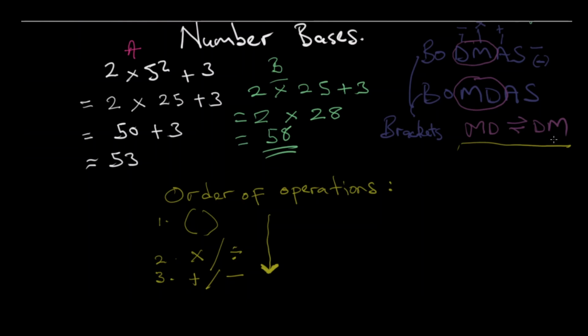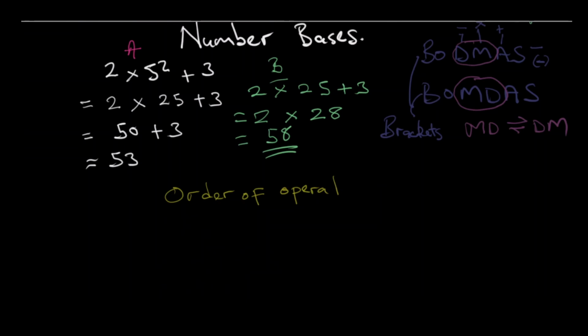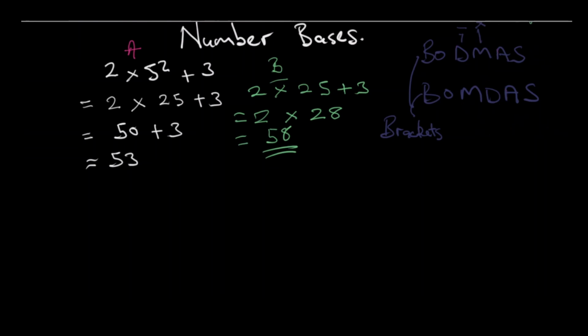It does not matter. So let us now apply these principles to the expression we have, and mark the workings of A and B to determine which of these two students has done the right thing.